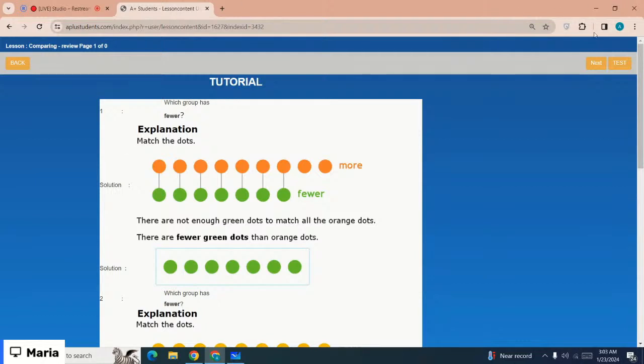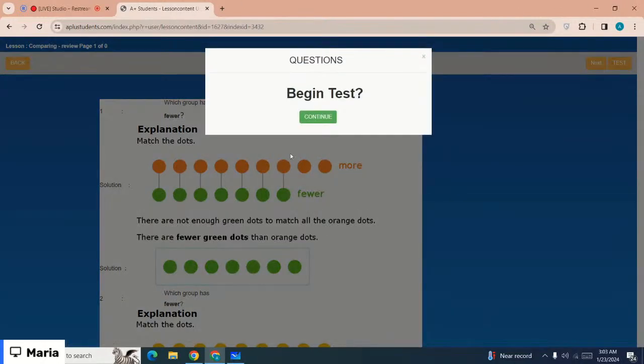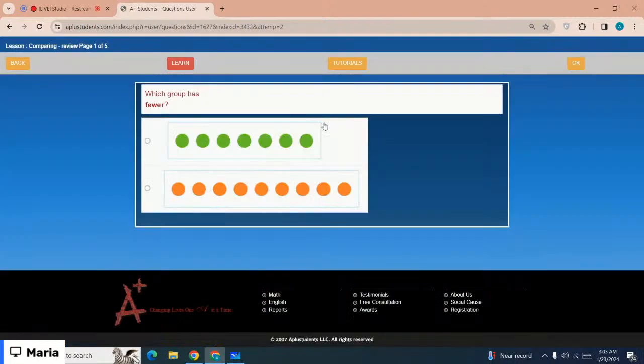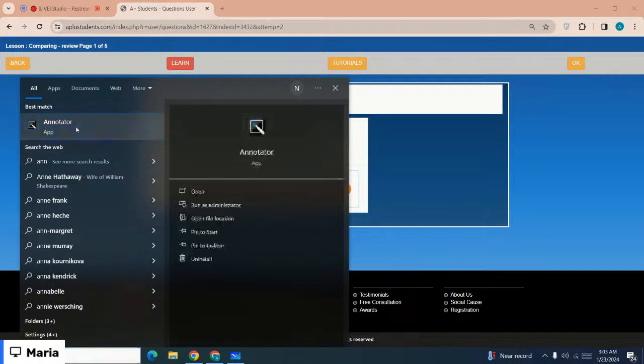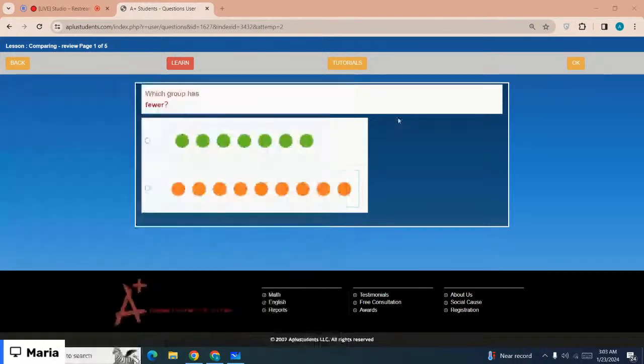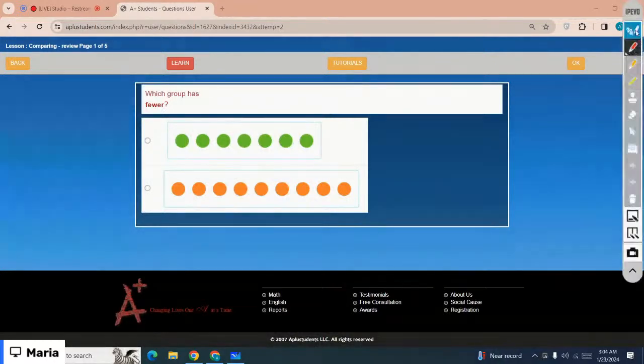Let's start with the test question. Which group has fewer dots? Start matching these dots and let's see which group has fewer dots. Just match these dots, like this.